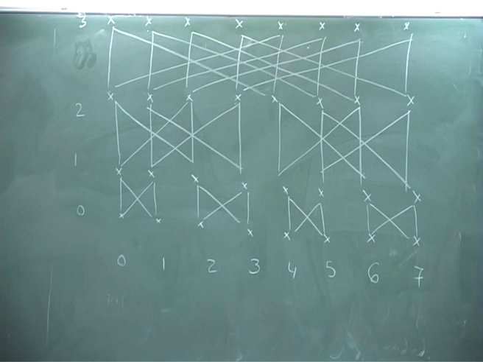This is your 4 into 8, that is 32 processors on butterfly network.